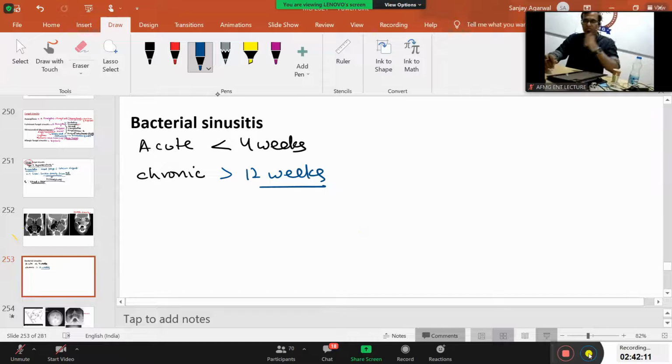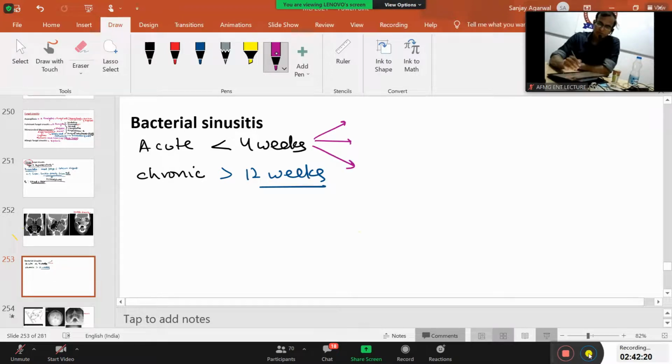The first thing they ask you is the pathogen. Acute is caused by 3 pathogens, the same that also cause ASOM. What is ASOM? Strep pneumoniae, pneumococcus, Haemophilus, and Moraxella.